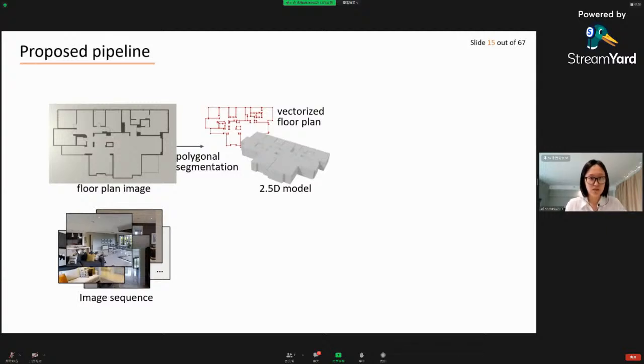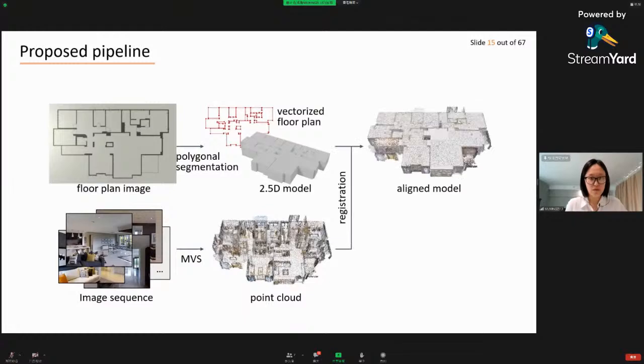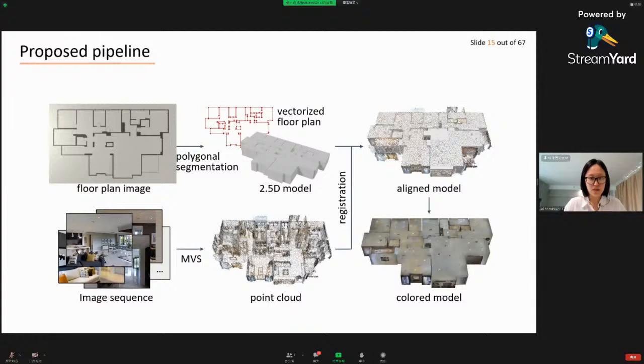On the bottom part, the point cloud is first obtained from the input image sequence using state-of-the-art structure from motion and multi-view stereo reconstruction algorithms. Finally, the model is registered to the point cloud to output an aligned model. Optionally, the texture can be added to the model by projecting colors from the registered raster images or from the color of the point cloud directly.